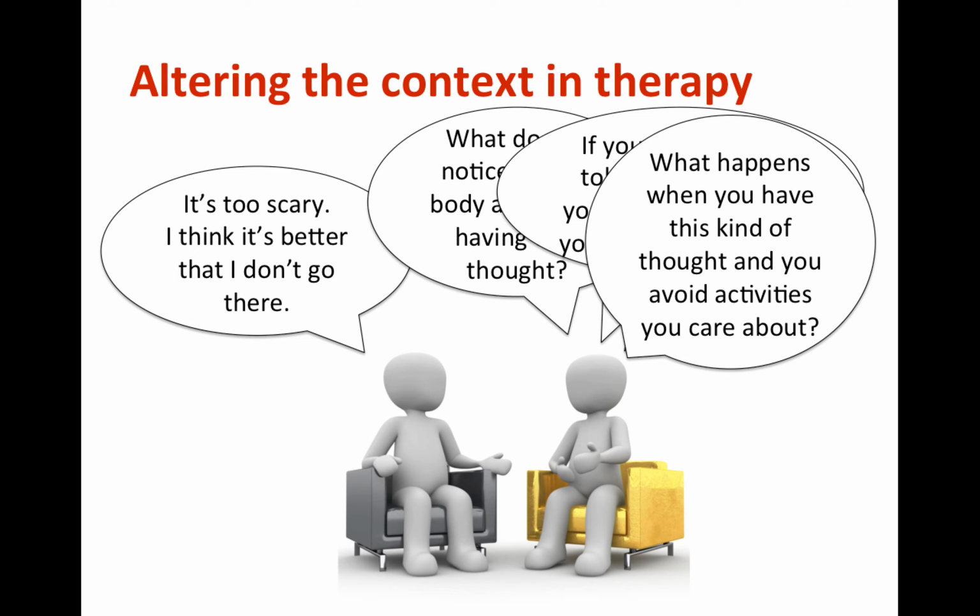At each moment, there is an infinite number of ways we can alter the context. Knowing a variety of therapy techniques can help choose the best approach for each client and each difficulty, because not everything will work the same way with all clients.